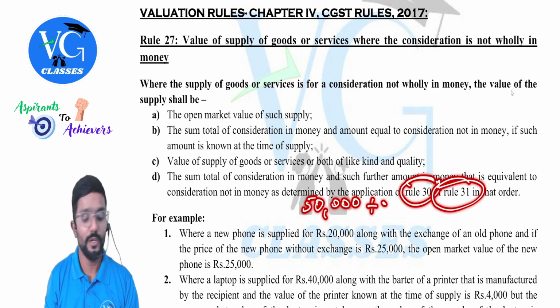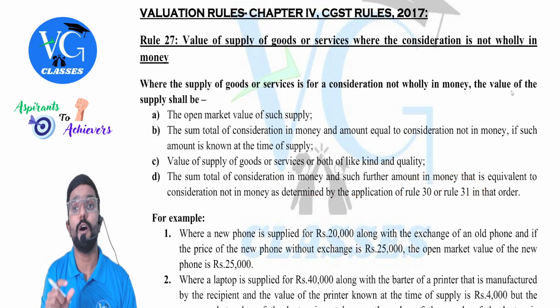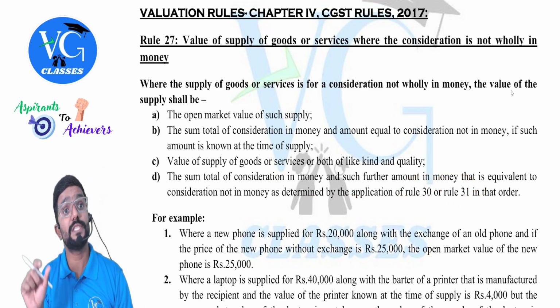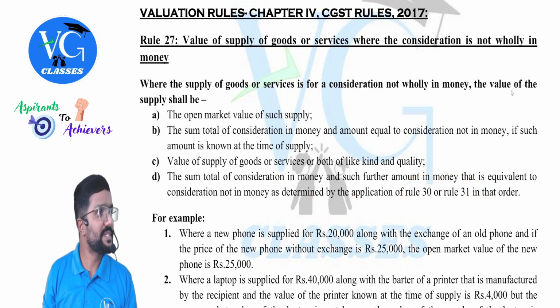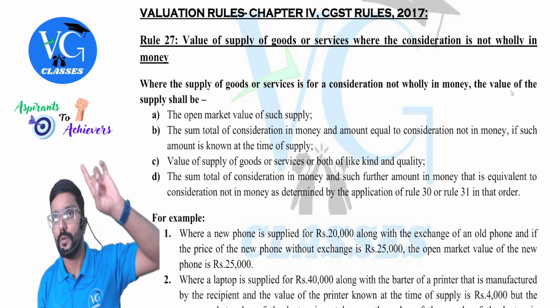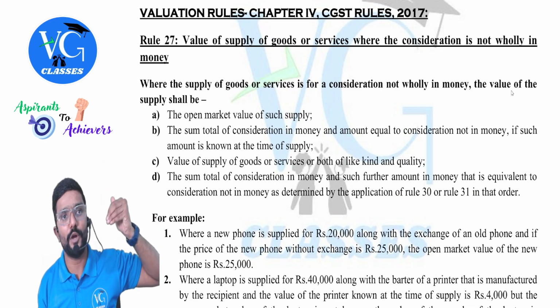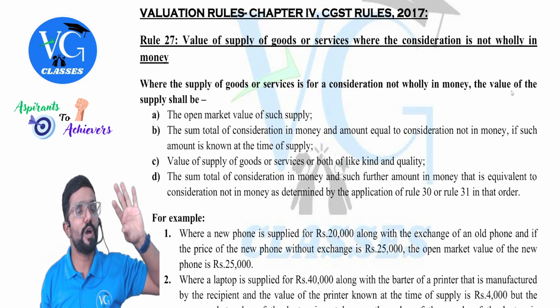And please be careful. Rule 30, 31 is not to decide the entire value of supply. It is just to decide the value of the part which is not in money. In simple, the exchange of old laptop. Hope you understood. I repeat my example. I am purchasing a new laptop for 70,000, but exchange value is 20,000. So how much am I paying?